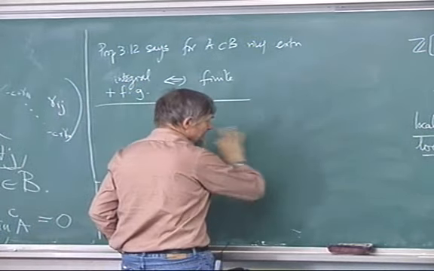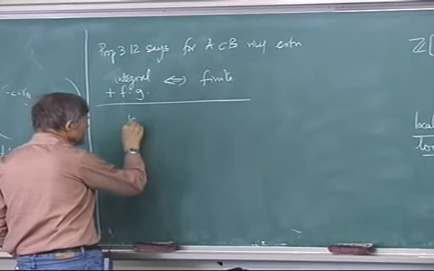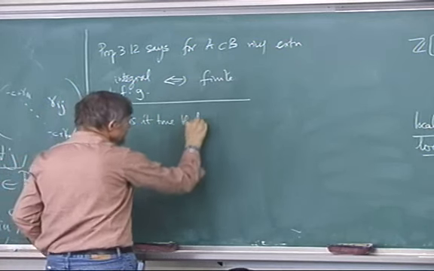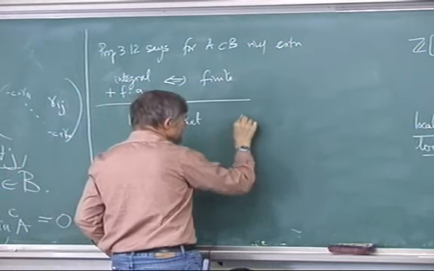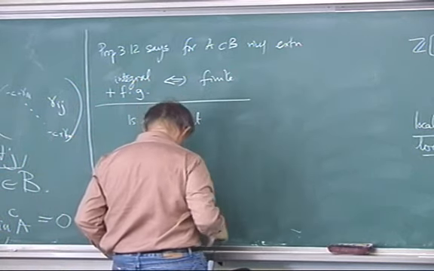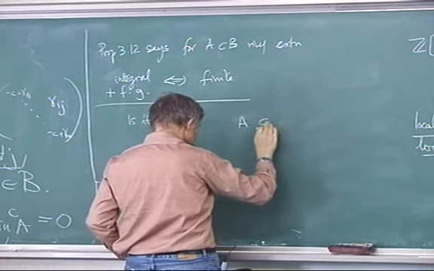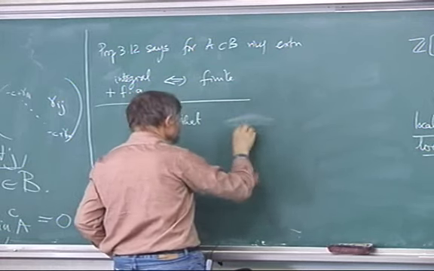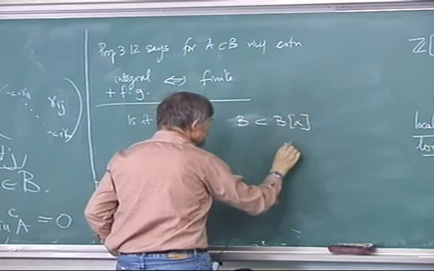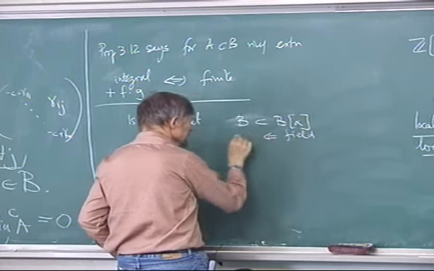So I've just rubbed out the main thing I was talking about, which is: is it true that A into B, with B a field, implies A is a field?